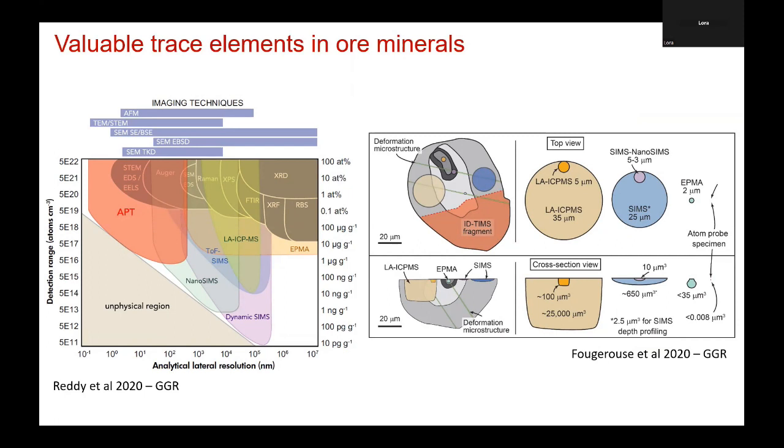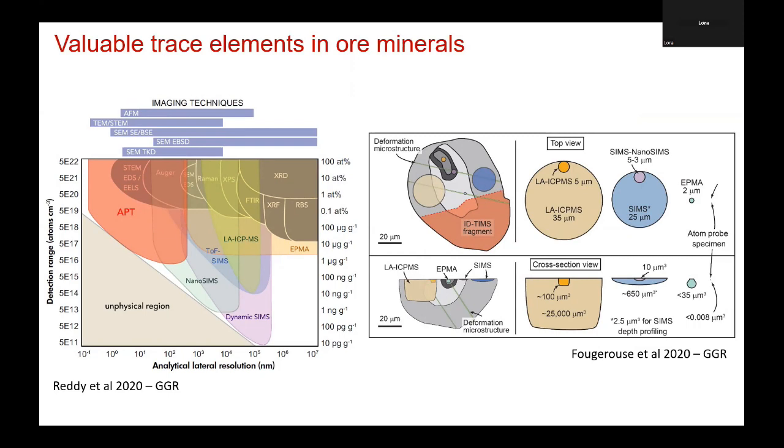Atom probe is that tiny little dot there. And the volumes we are looking at are basically 5 to 6 orders of magnitude smaller than any other conventional technique. We're really looking at something extremely small, and within that volume, we can determine the position of atoms.